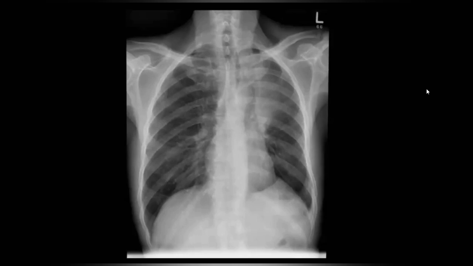So I would like to have the history of the patient, whether the patient has any history of breathlessness or fever. Either it is because of a consolidation, or if no fever, it could be a mass. So I would like to review it with the help of a CT chest with contrast in order to confirm my findings.